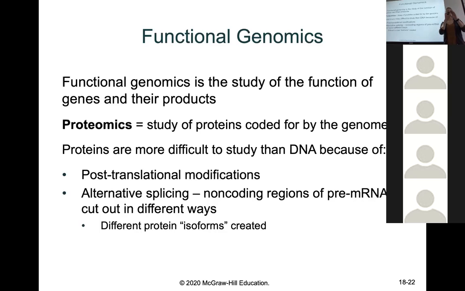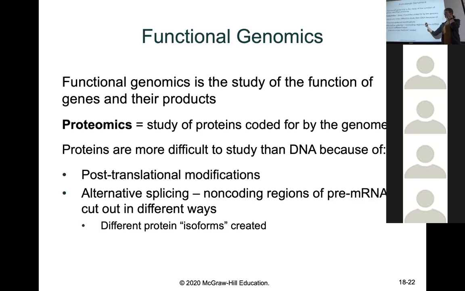DNA, as complicated as it may seem to us, is just two strands of a bunch of nucleotides, right? Proteins, so we ended translation talking about an amino acid strand. So we just had this long string of amino acids at the end of translation. After that, a lot of stuff happens in order to make it a functional protein. It folds over on itself, it has bonding within itself, it might bond to another protein. They can get really complicated.